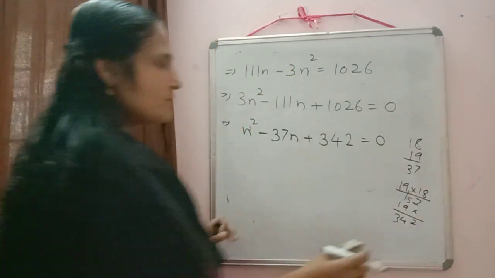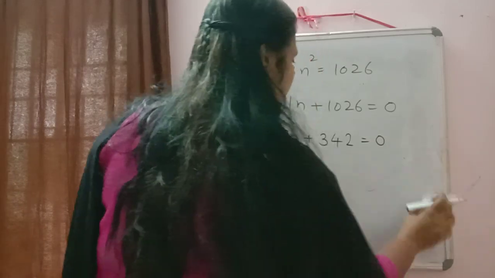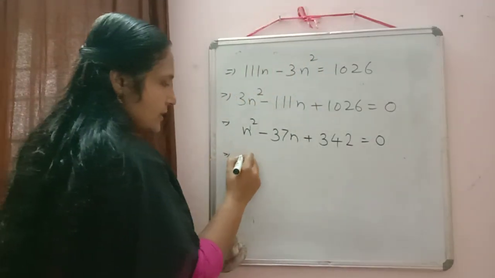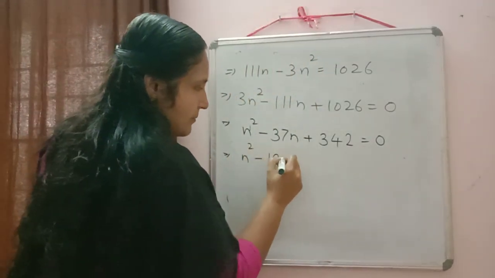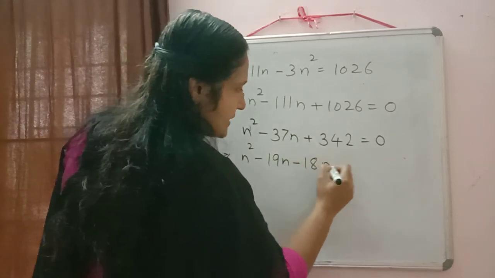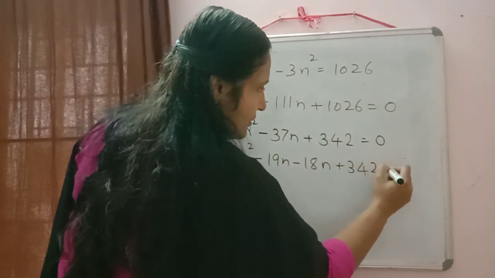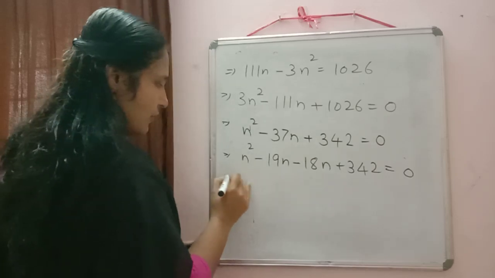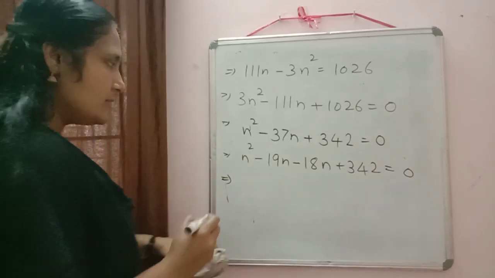So the two numbers will be 19 and 18. So here it will be n square minus 19n minus 18n plus 342 is equal to 0. If you want, you can do it by quadratic formula also.